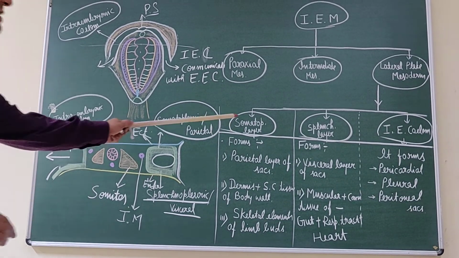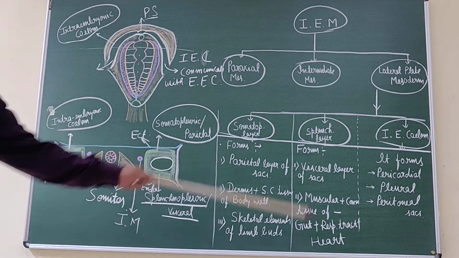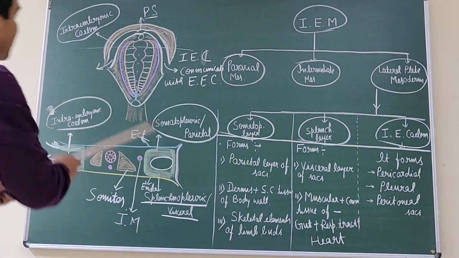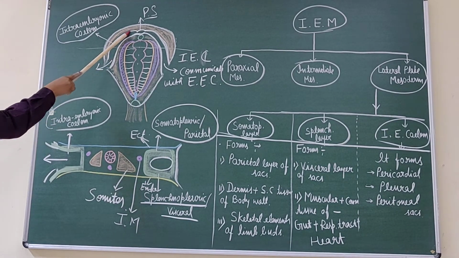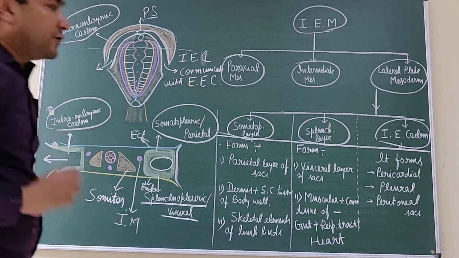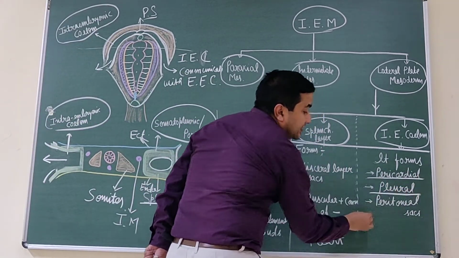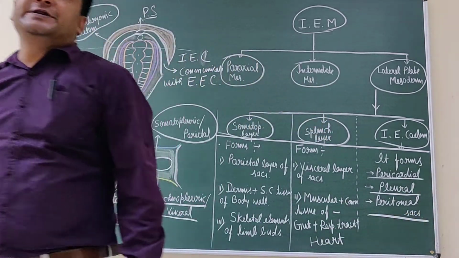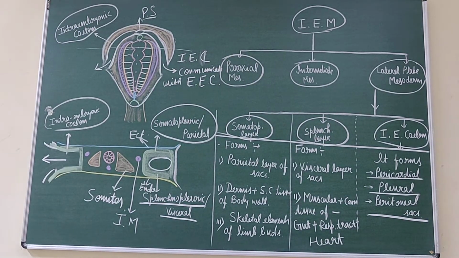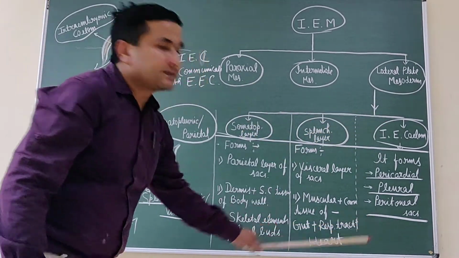Now, with further development, this intraembryonic coelom, this U-shaped cavity, will in the future form the pericardial, pleural and peritoneal cavities. The three body cavities will form from this intraembryonic coelom.